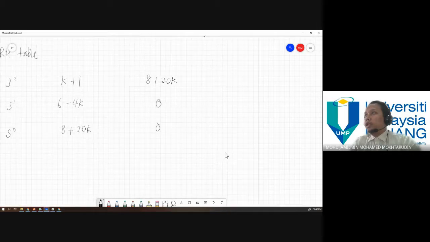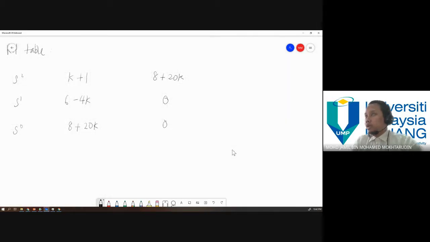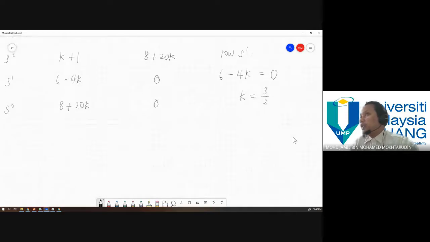Okay, so to find the JW axis crossing, we use row S1. So 6 minus 4K equals 0. So K equals 3 over 2, okay, 6 over 4. And then from this K, you use row S2.